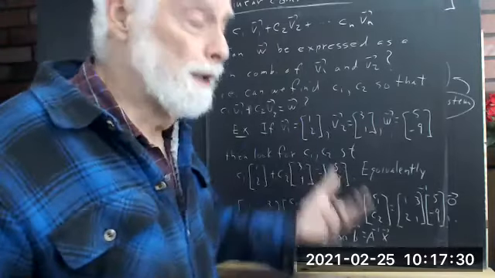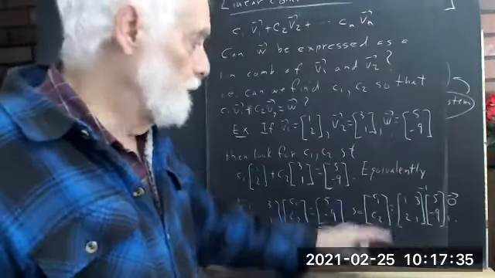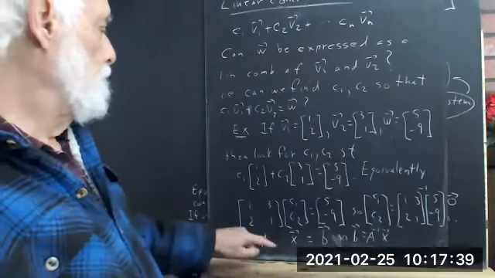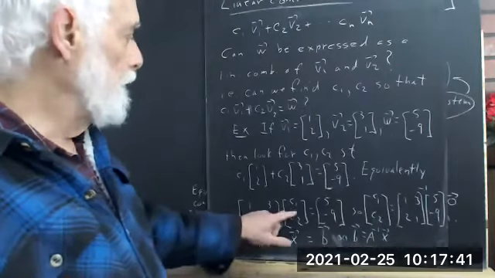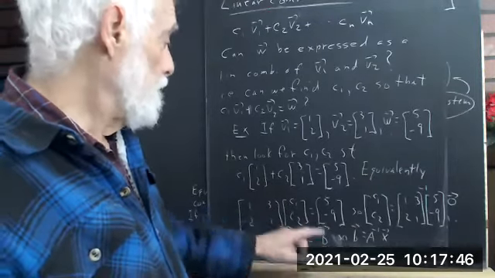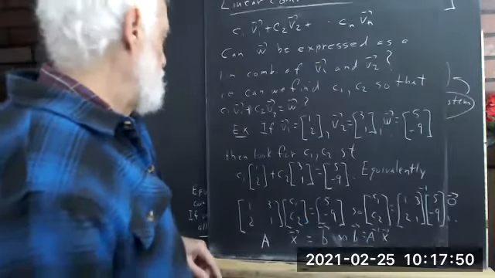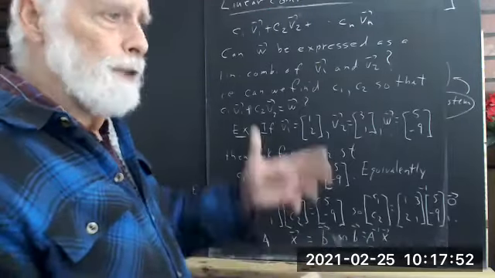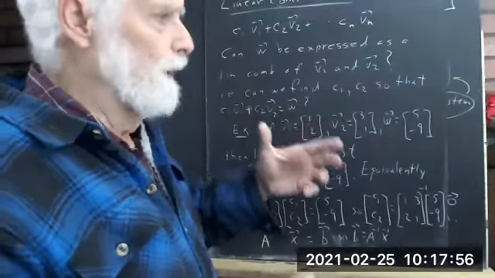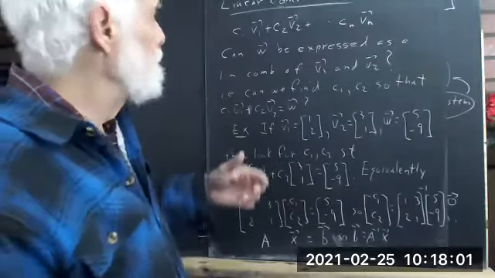Its determinant is not zero. This matrix equation can be solved for C1, C2. The matrix equation AX equals B, where this is A, this is X, this is B, can be solved by inverting the matrix. This leads, with a little more work, to a very neat and very appealing picture of vector spaces.